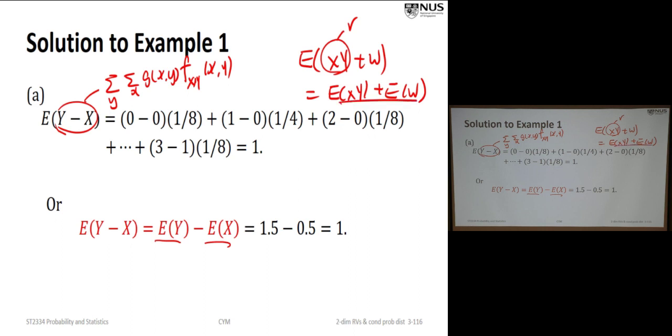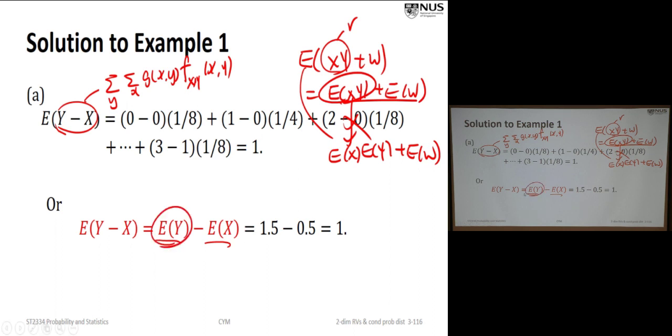So this is correct. But this one is wrong. All right? Because this one does not equal the expectation of x times the expectation of y. So you have to be aware of that. Okay, so this is expectation of y and expectation of x. So it's equal to 1 again.